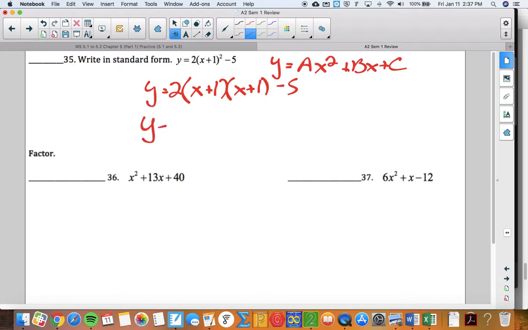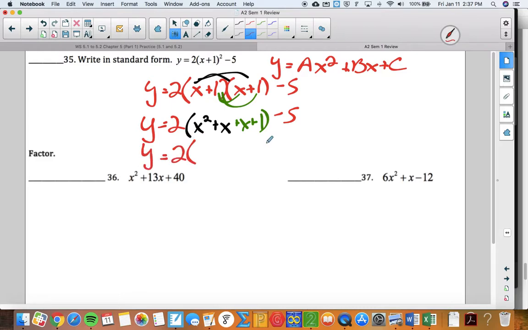And so that's going to give me x squared plus x plus x plus 1, which gives me x squared plus 2x plus 1.